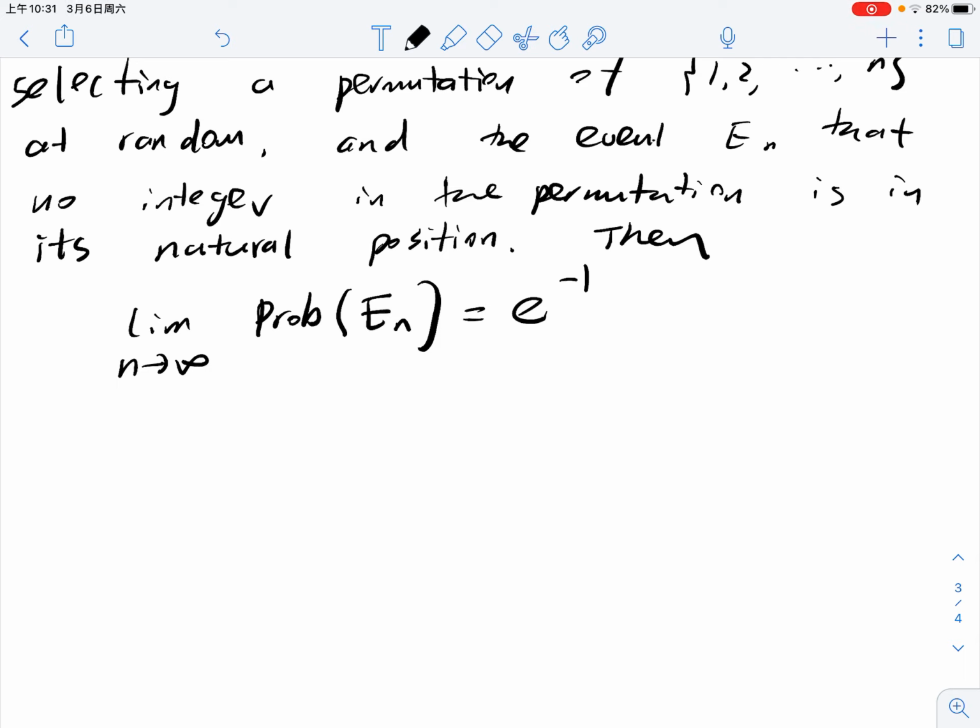This is quite interesting because although for any finite number, we don't know what's the exact difference between the number of derangements and the number of permutations. But when you look at the limit case, then you will see it takes a definite portion.